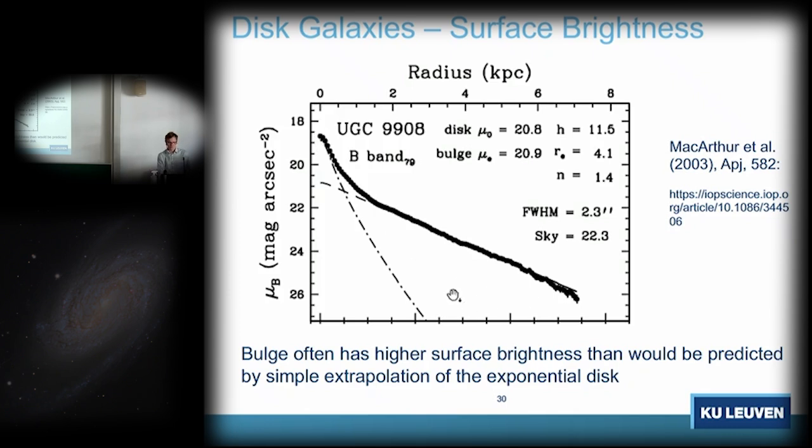It follows a different law, but it has a higher surface brightness than would be predicted if you just extrapolated the exponential disk to the Freeman's. And this is often the case, it's not always, but you can often see this. Now, another point here is that you can see that the sky, in this case, is 22.3, right?